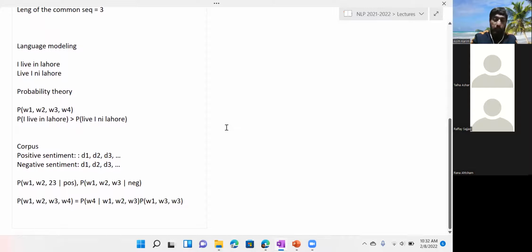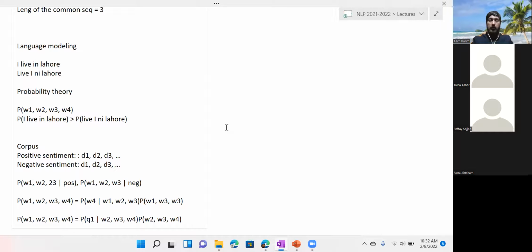In the more general form, you can actually do anything. So, for example, for W1, W2, W3, W4, you could also have written the probability of W1 given W2, W3, W4, times the probability of W2, W3, W4. This is also possible in probability theory, but we will prefer the first formulation because in that case, we are talking about the word W4 after having seen the previous sequence of words. That is more common in NLP.